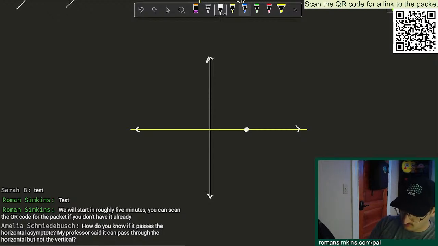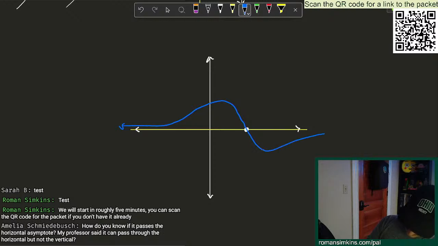If my blue line is my function, and I'm just making this up, maybe it starts from this end, travels in, gains some height, and then crosses through like this before going off to infinity again.